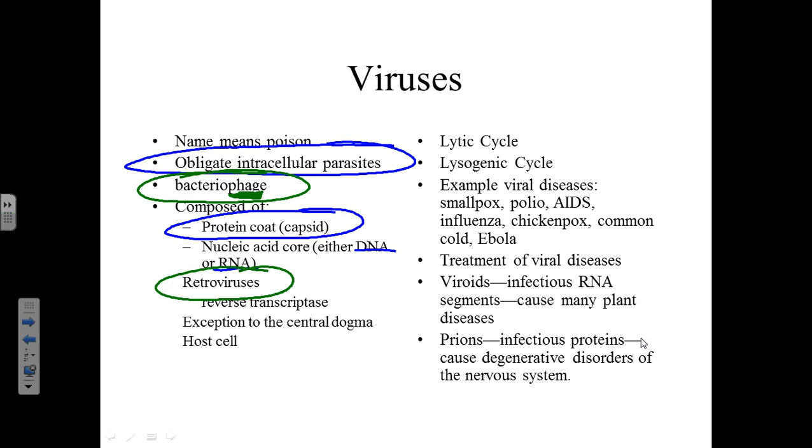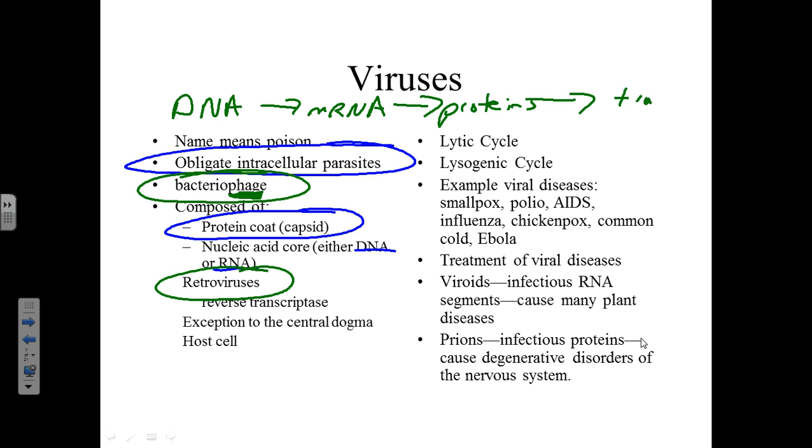Think back to the central dogma of genetics. DNA, mRNA. What's that step called? Transcription. And mRNA to proteins, that's called translation. And then the proteins determine your traits. You also got to replicate your DNA.